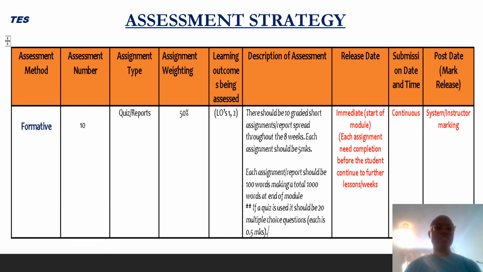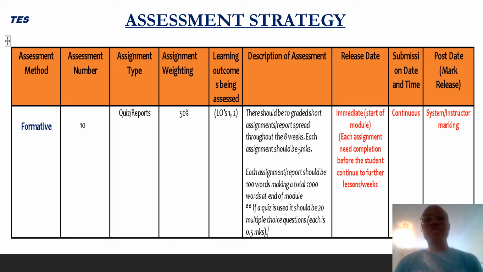So I'm expecting you to do 10 pieces of assessment across the entire module. It could be in week 2, week 4, week 6, or weeks 5, 6, 8, but make sure there are 10 formative assessments.